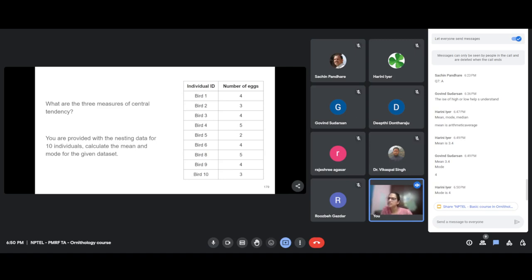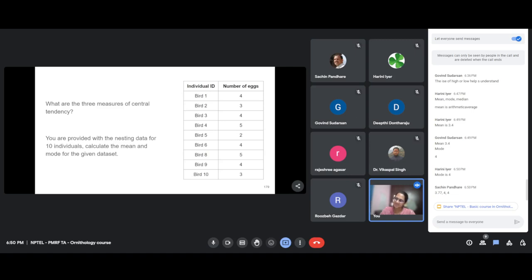Okay, we have some answers coming in. We have mean, median, and mode calculated.